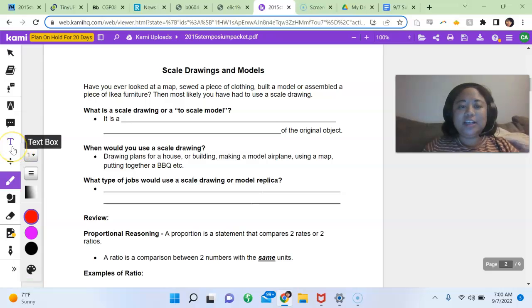So what is a scale drawing or a scale model? Think about it and see if you can write your own definition of a scale drawing before I share it with you.